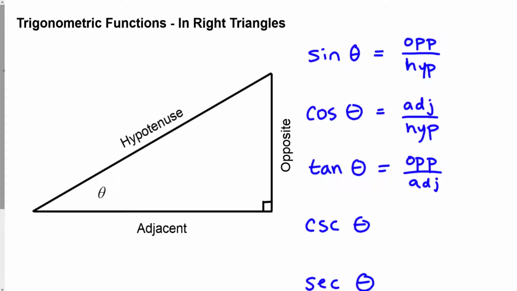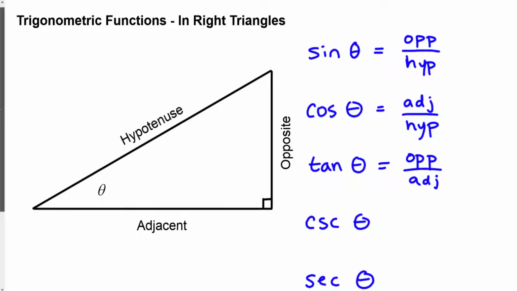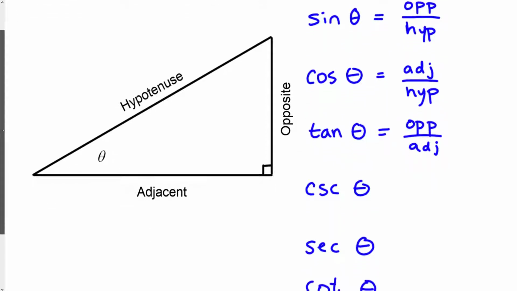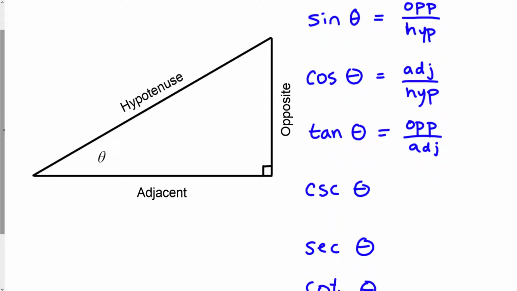The remaining trig functions don't actually introduce anything new, just other ratios. They're just more convenience functions. There's times where when you're solving something based off of the opposite side and the hypotenuse, it's more convenient to use the hypotenuse over the opposite side.